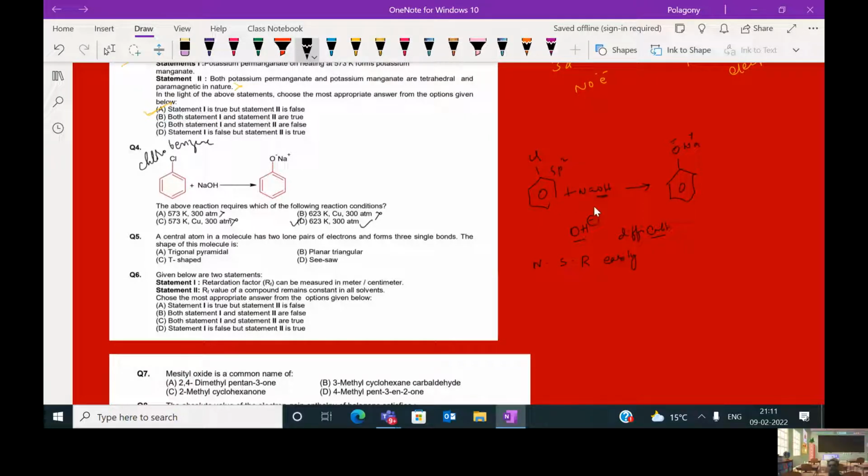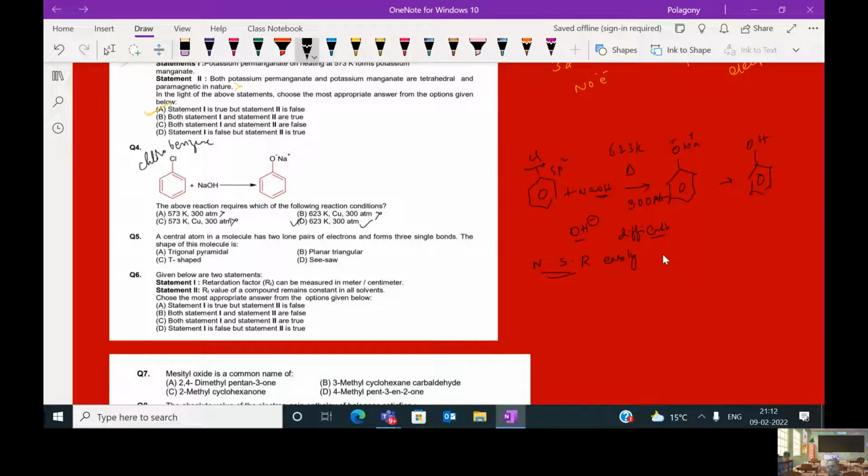So that's why we need to raise the temperature to 623 Kelvin and use 300 atmospheres pressure, to make this reaction possible and get the phenol product. So D is right, because at high temperature chlorobenzene undergoes nucleophilic substitution.